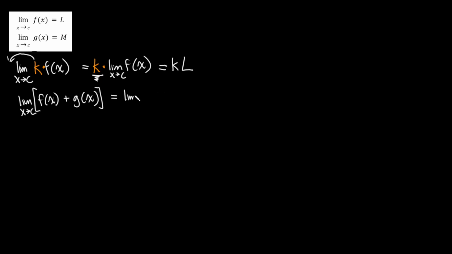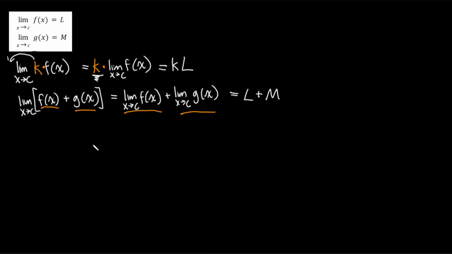So we can do the limit as x goes to c of f of x plus the limit as x goes to c of g of x. The way I like to think about this one is I will just take the limit of each of these individually. And in this case, we actually know what this equals. This is L and this is M.